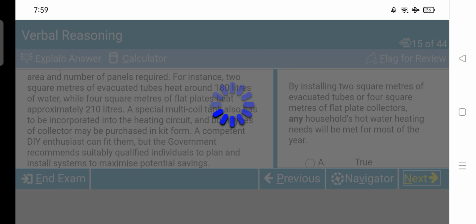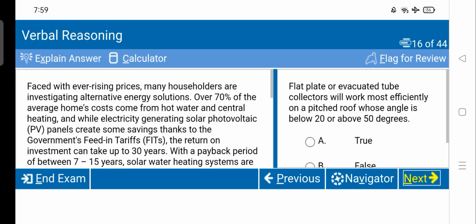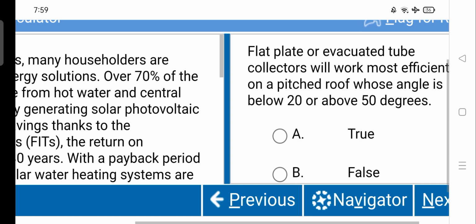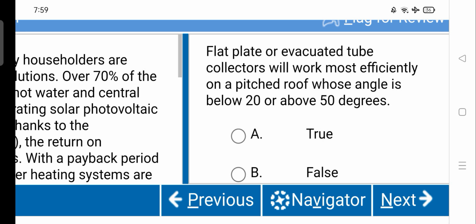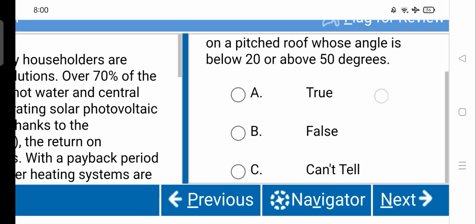So now we have the next question, question number 16, which says flat plate or evacuated tube collectors will work most efficiently on a pitched roof whose angle is below 20 or above 50 degrees. Option A, true. Option B, false.